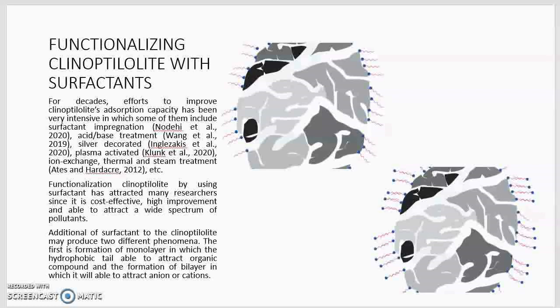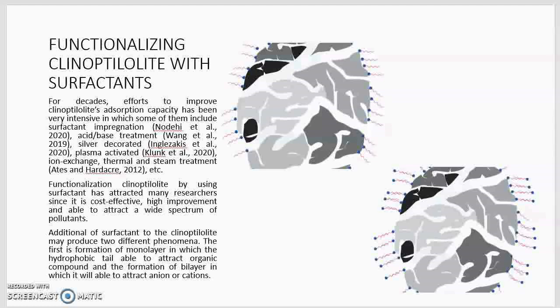On this slide, I will cover functionalizing clinoptilolite with surfactants. By adding the surfactants to the clinoptilolite, we can have two types of phenomena. The first is the formation of a monolayer, and the second one is the formation of a bilayer.